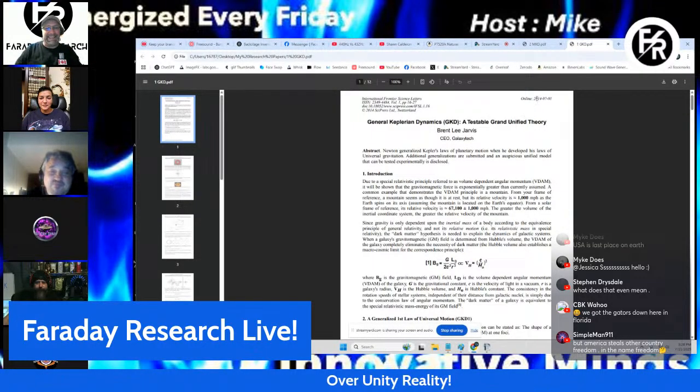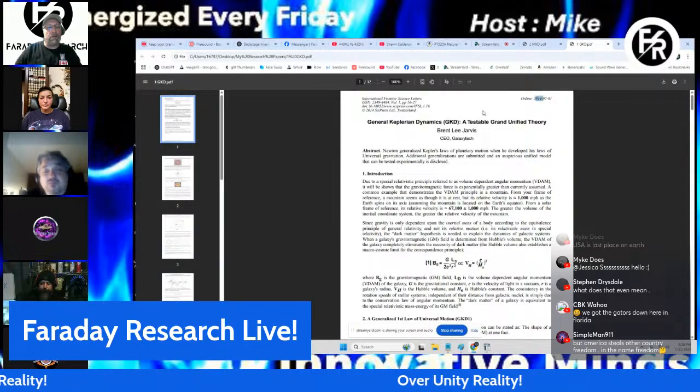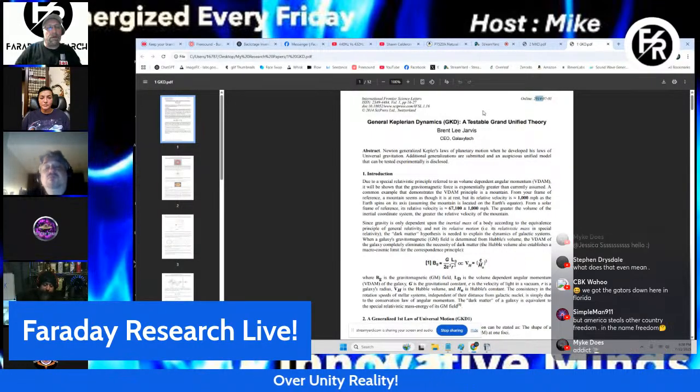I published this in 2014. This is a little while ago, almost a decade. But basically, when you study Kepler, you learn about an ellipse. But an ellipse is really a two-dimensional shape of a three-dimensional torus.